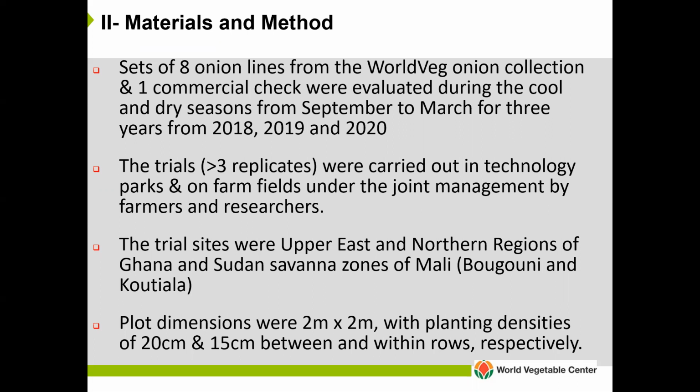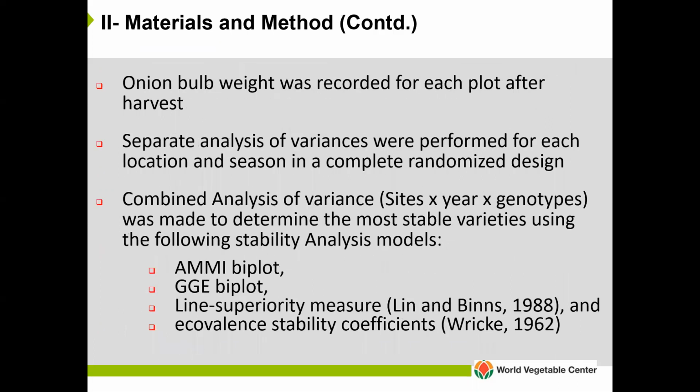Plot dimensions were 2 by 2 meters with planting densities of 20 centimeters and 15 centimeters between and within rows, respectively. Onion bulb weight was recorded for each plot after harvest. Separate analyses of variance were performed for each location and season in a completely randomized design.